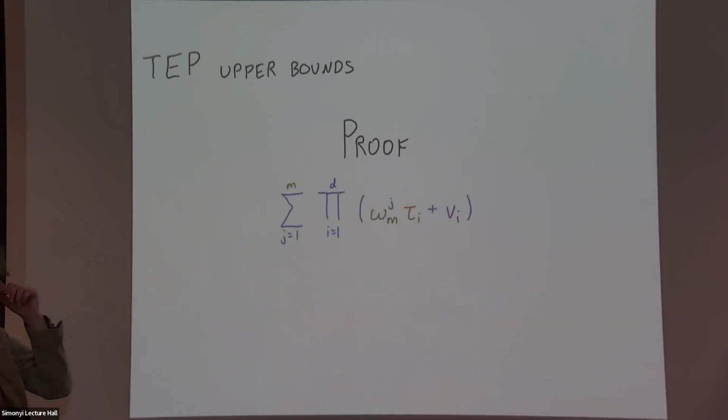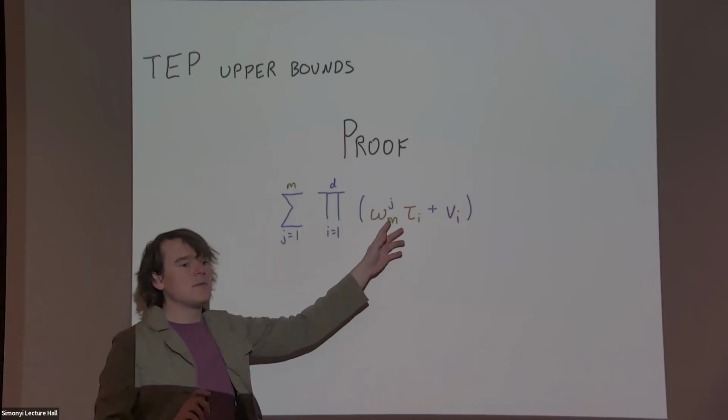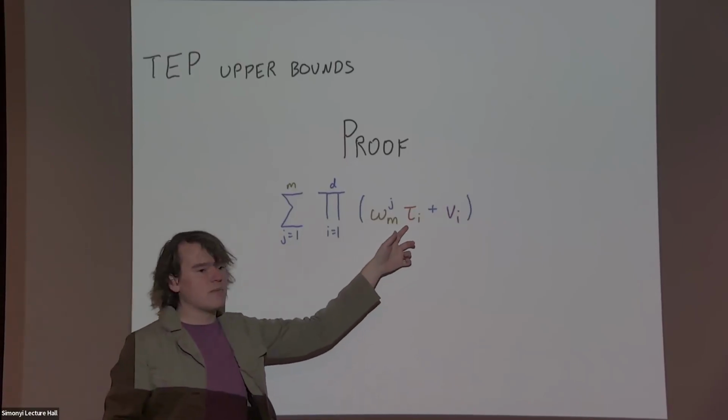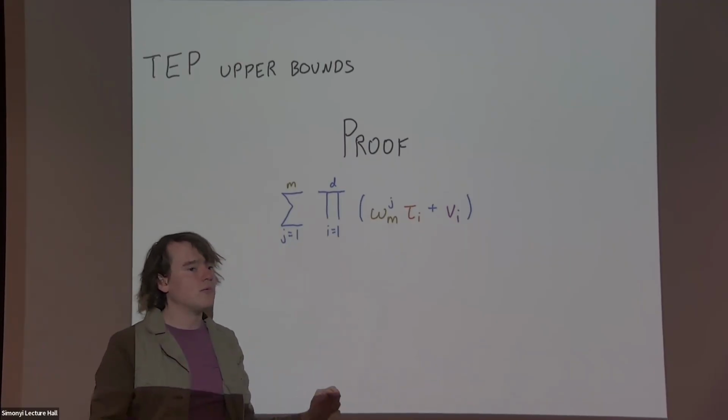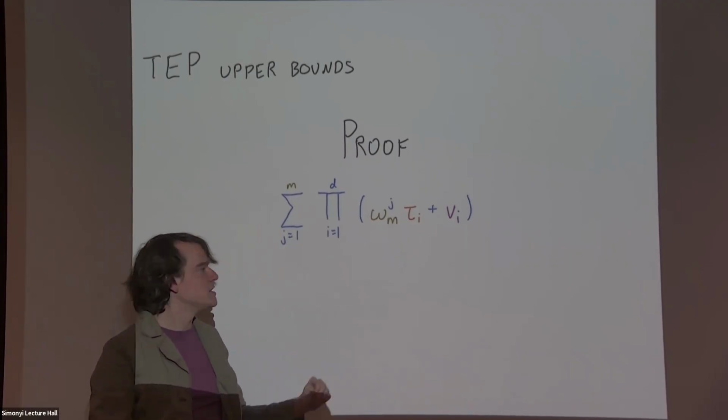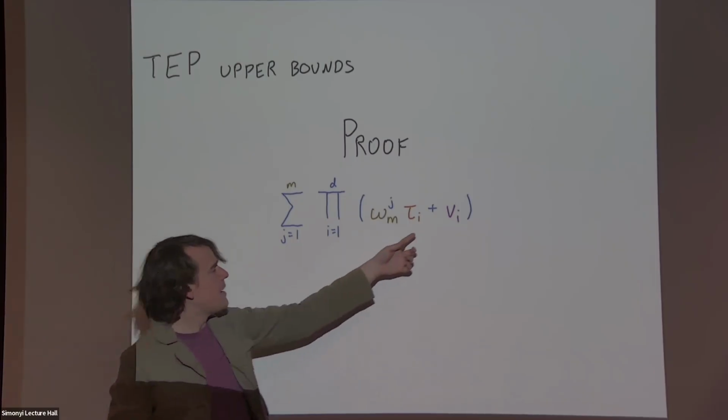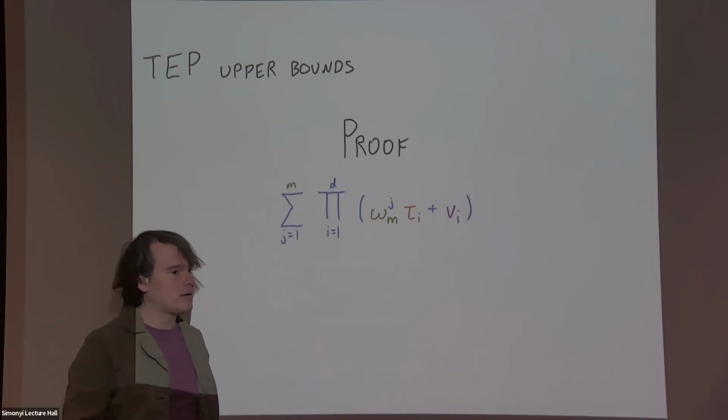What's interesting is this key equation. The sum over j equals 1 to m of the product over i from 1 to d of omega_m to the j, tau_i plus v_i. What is this thing? Tau_i is going to be some value. Think of this as the catalytic memory. This is something that I don't want to actually do computation on. I want to keep it around. And v_i are the values that I actually care about.